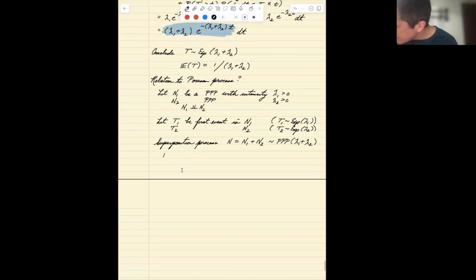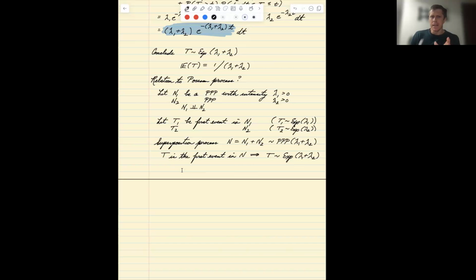And T is the first event in the superimposed process N, which by properties of the Poisson is exponential with lambda 1 plus lambda 2. So that's another way to get it. That's another way to think about this, and to see how these ideas are all connected to one another.